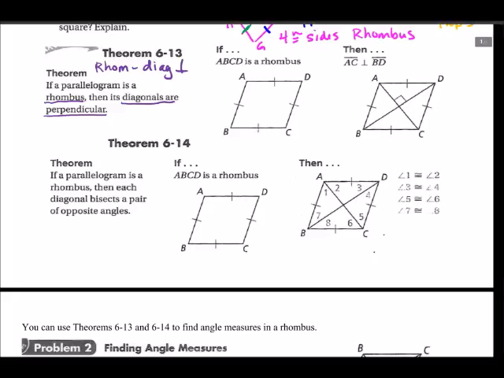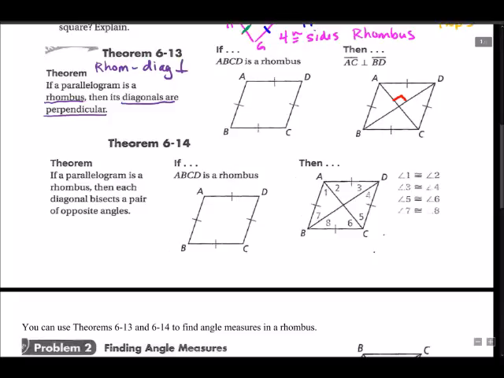So if our parallelogram is a rhombus, then our diagonals are perpendicular, and we can automatically draw in that right angle there. And as soon as that's a right angle, all 4 of these are right angles because perpendicular is perpendicular. Let's put that in red. That is really important. We're going to put that in red.